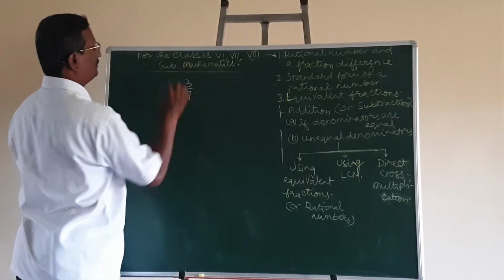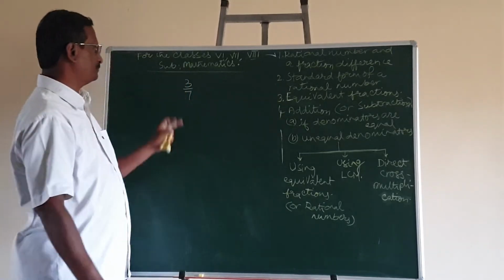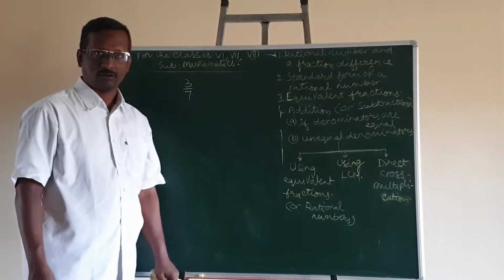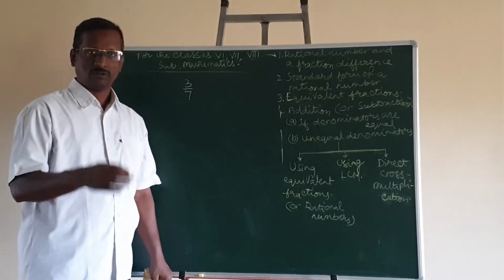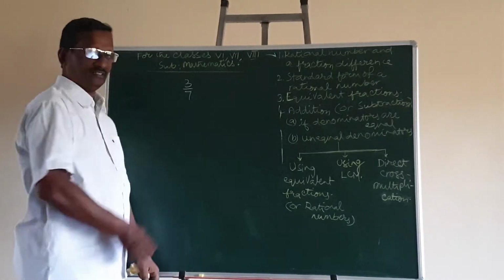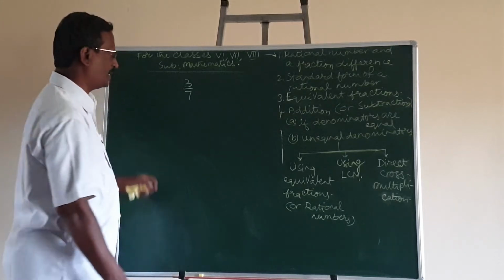3 upon 7. This is a rational number where 3 and 7 are numerator and denominator. There is no common factor. Therefore, this is a rational number in standard form.